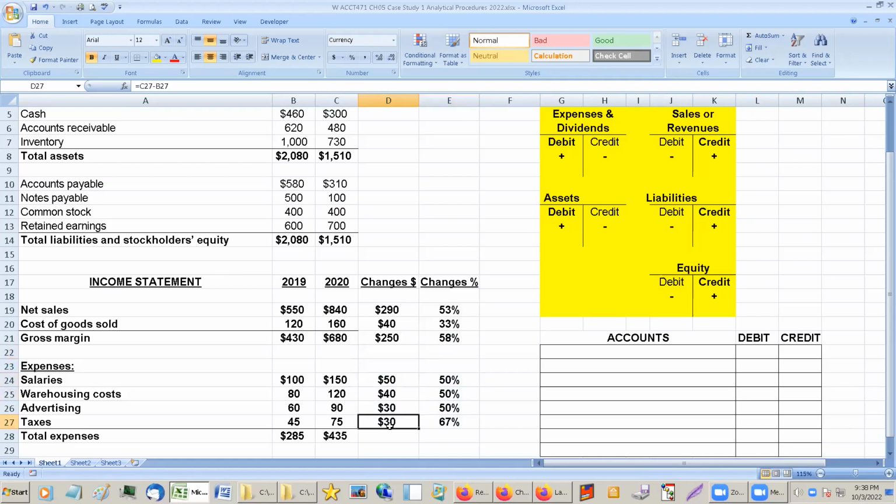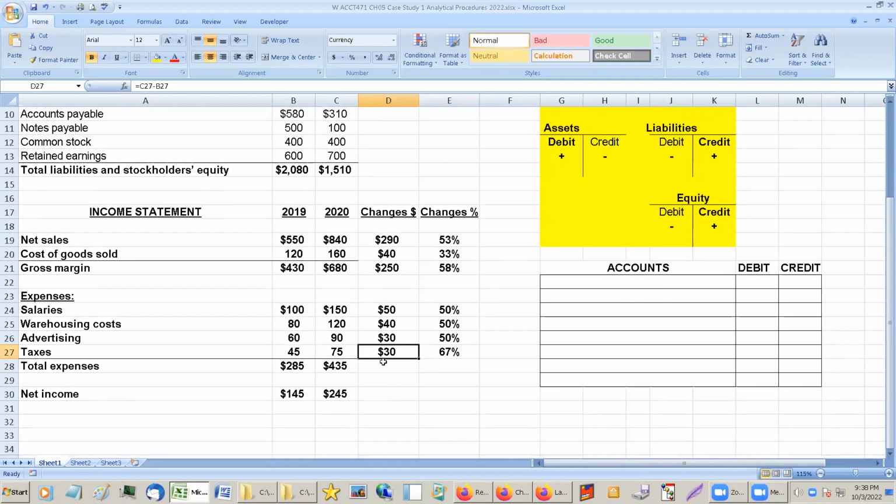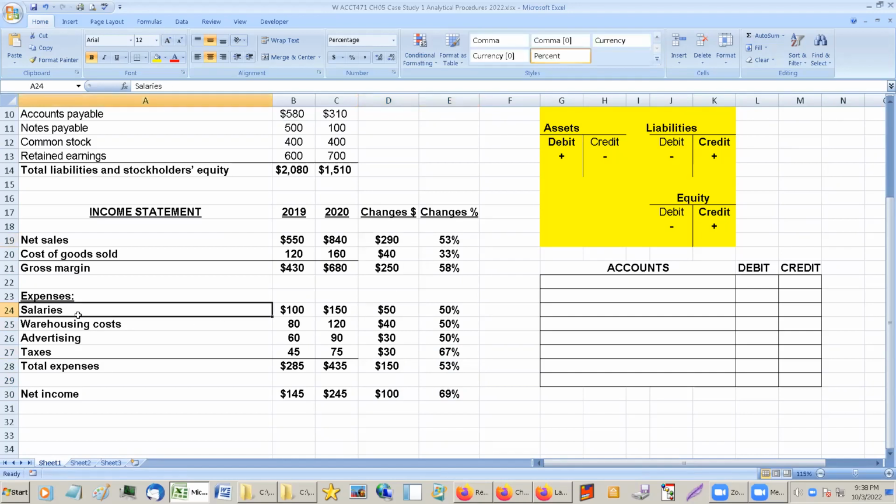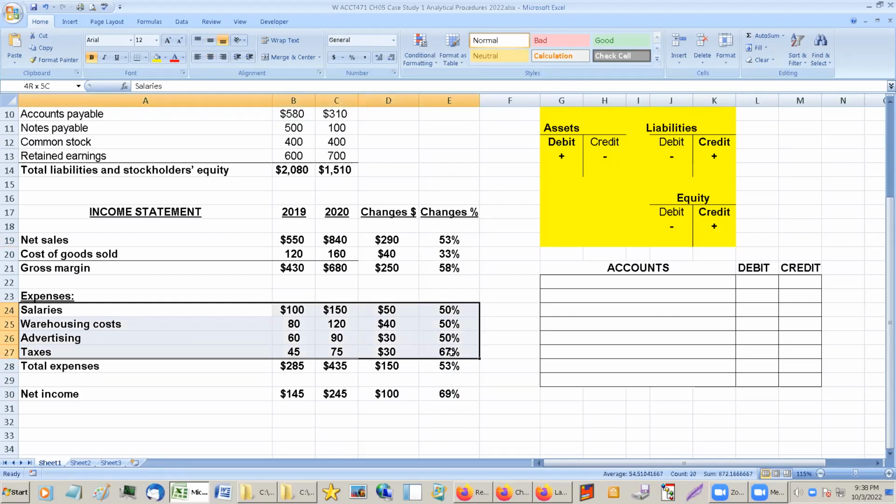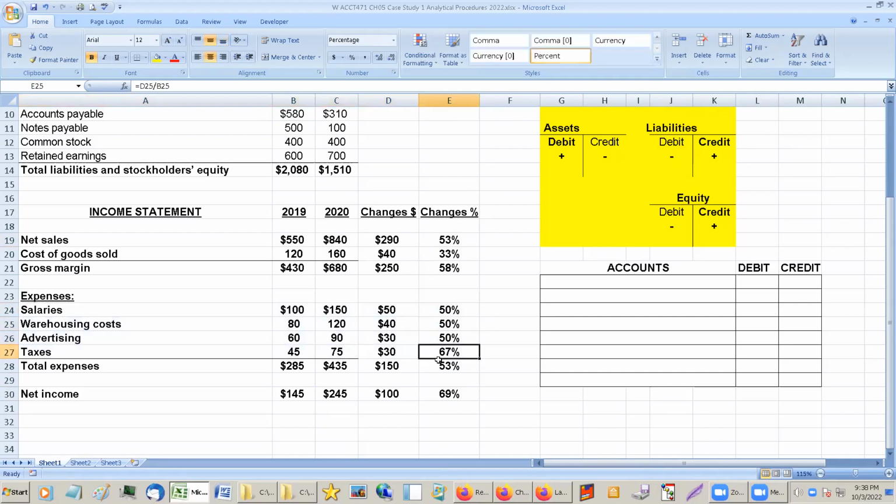And these down here kind of follow suit, which is what you'd expect. If your sales went up by around 50%, you'd expect that these other costs would go up by around 50%. And it looks like they have.